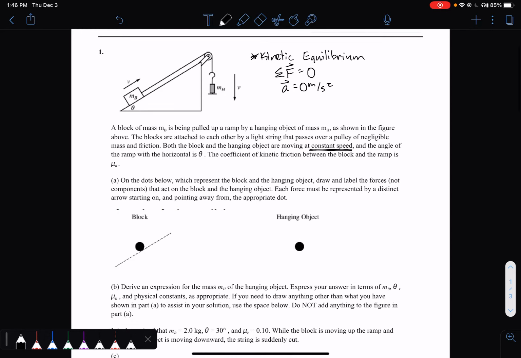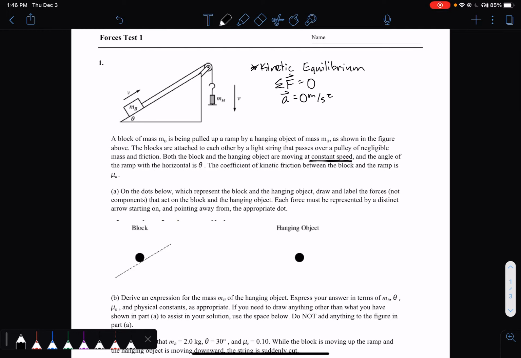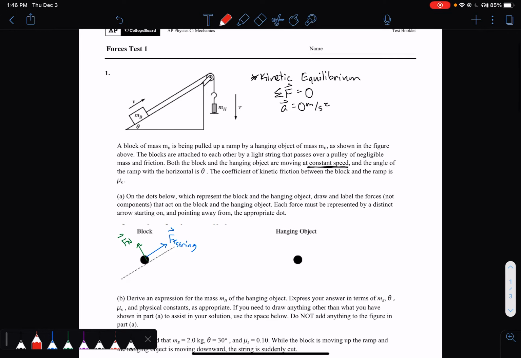So the forces that we had on our block: we had tension from the string, normal force coming off of the track, and the weight dropping straight down.